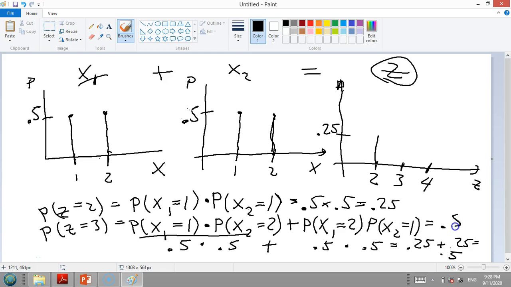So this answer is 0.5. Okay, and that makes sense. So getting a 3 is actually twice the probability of getting a 2, because there's 2 ways it can occur, and each one is like 50-50, because this is fair.